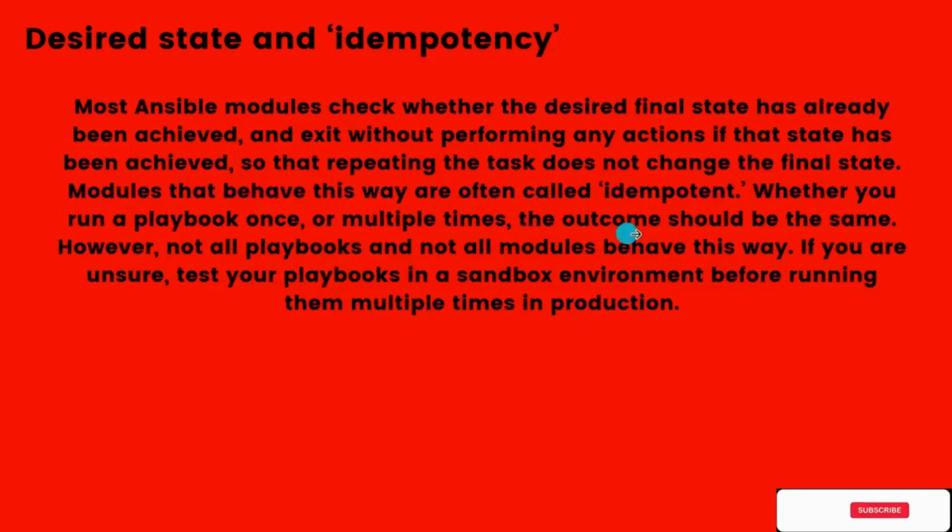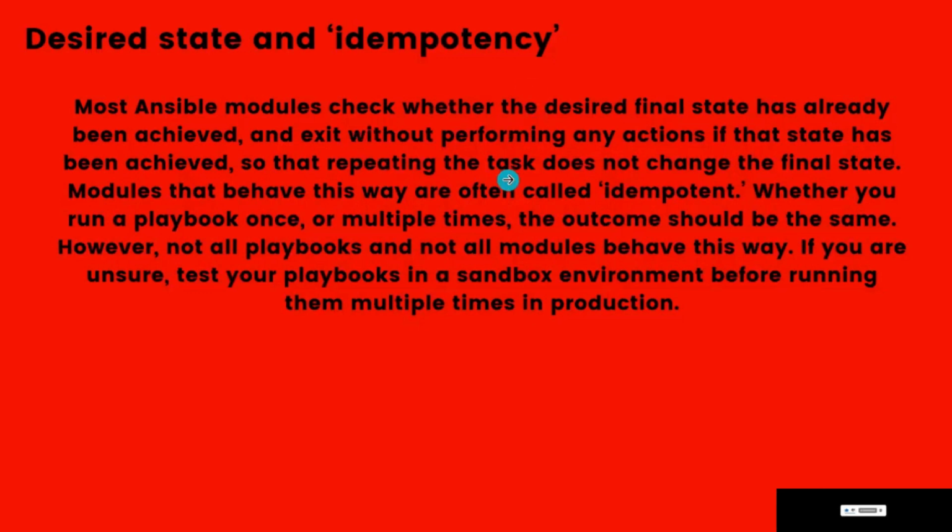Repeating the task does not change the final state, so it will not repeat the same task if something is already completed. Whether you run a playbook once or multiple times, the outcome should be the same. However, not all playbooks and not all modules behave this way. If you are unsure, test your playbooks in a sandbox environment before running them in production. Whenever you go to the production side, you have to be very careful when running these kinds of things.